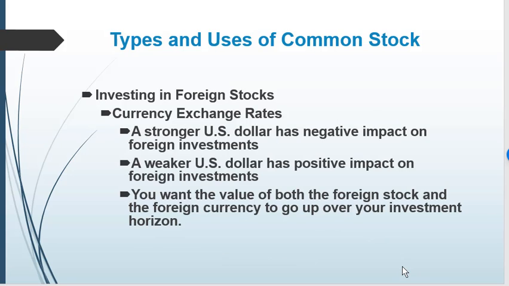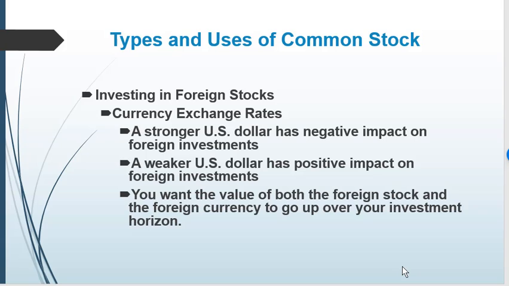So how can this affect your choices, if you will? A strong US dollar has a negative impact on foreign investments, right? So if the dollar is strong, investing in foreign investments, securities, etc., will typically have negative returns.